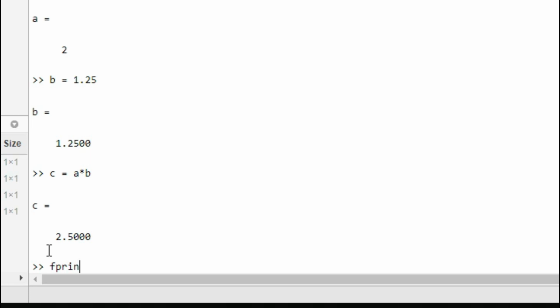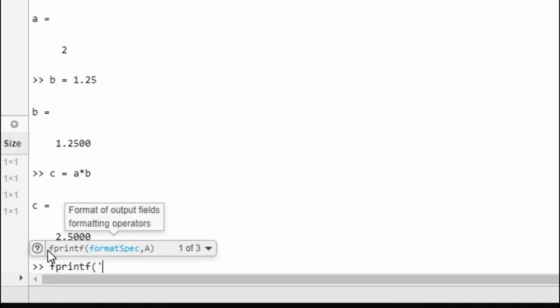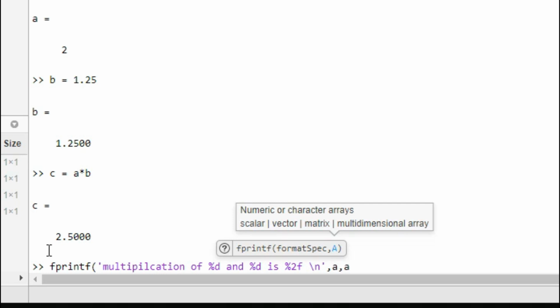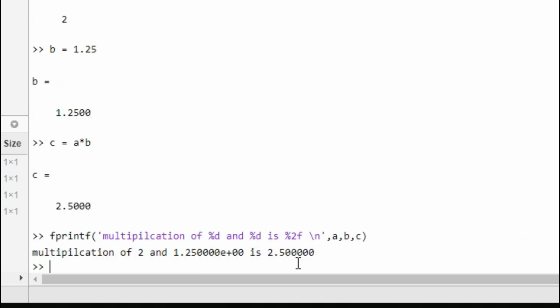And say a printf of 'multiplication of %d and %d is %2f and \n' single quote comma a comma b comma c close parenthesis. So this gives multiplication of 2 and 1.25 is 2.5.